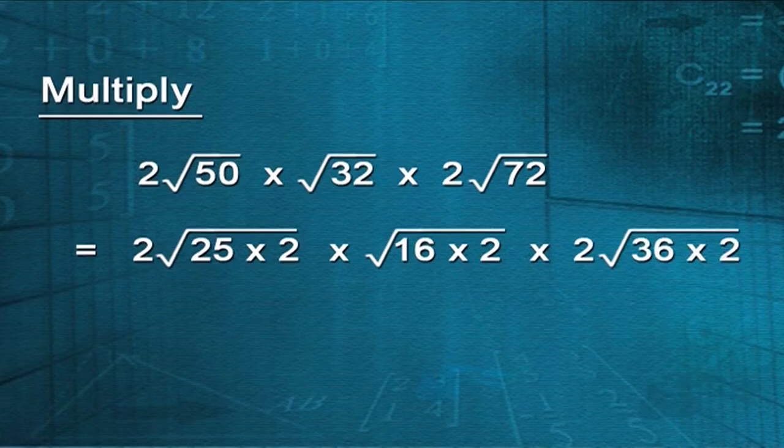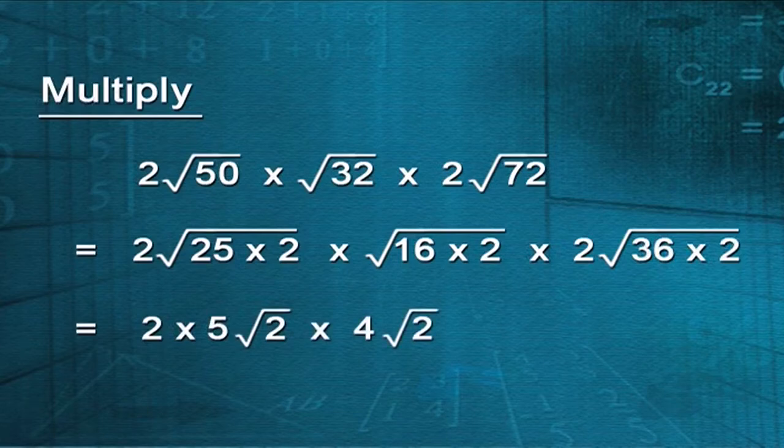So, we can take 5 outside and we can write it as 2 into 5 into root 2. Root 16 into 2 can be written as 4 root 2, because 4 is the square root of 16, and root 36 into 2 can be written as 6 root 2, because 6 is the square root of 36.